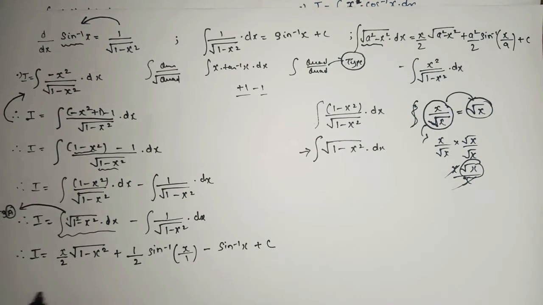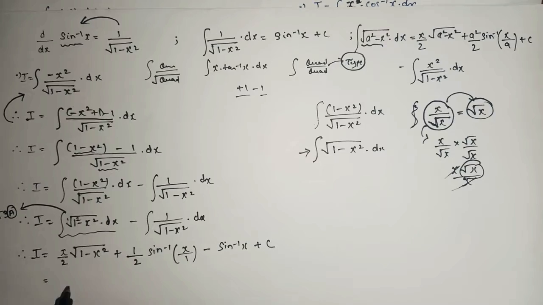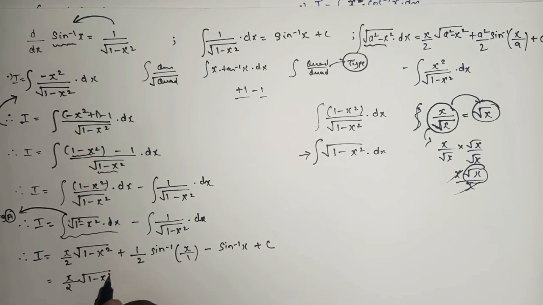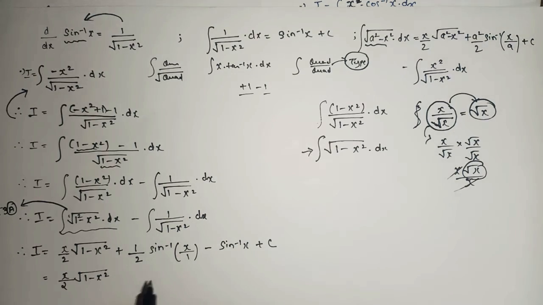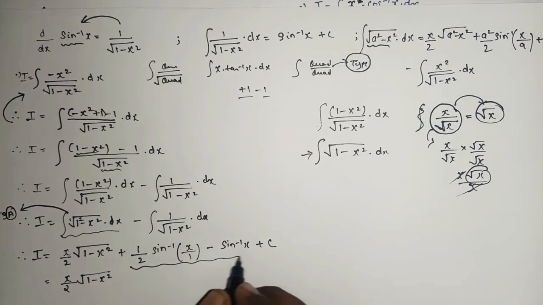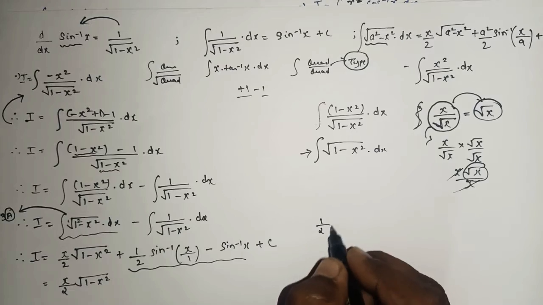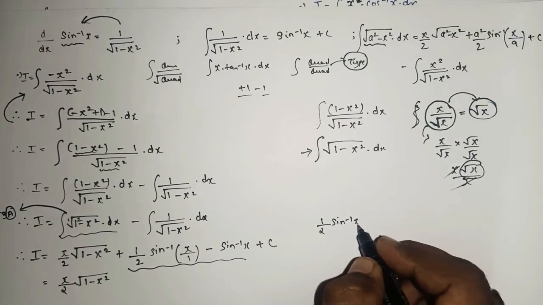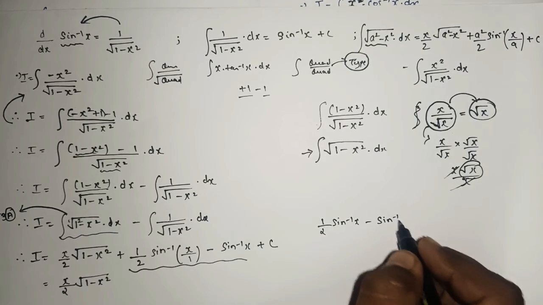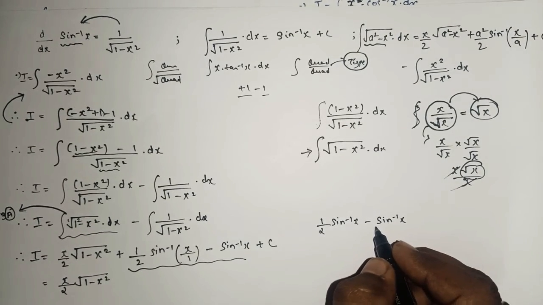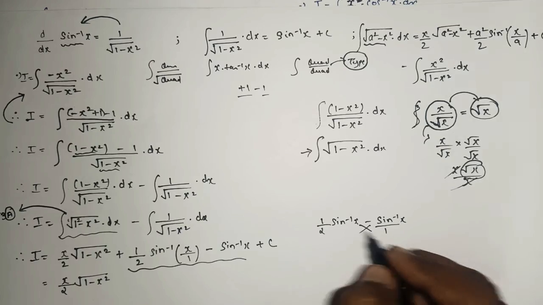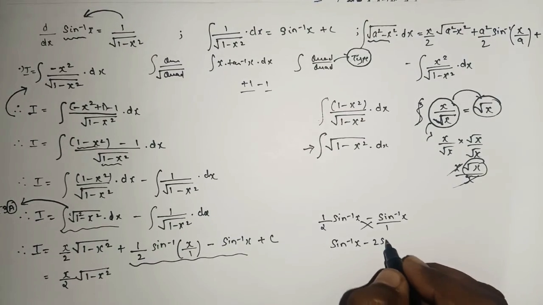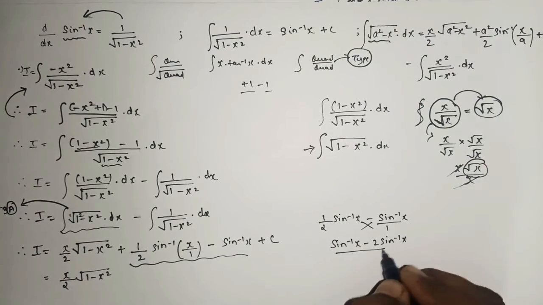I hope you all understood how to track the sum, how to present the sum. Yes or no? Further, we can do this little adjustment. We'll keep this x upon 2 root 1 minus x square as it is. Okay. So when you see this part of sine inverse x upon 1, it is sine inverse x minus sine inverse x. Okay, so here nothing is there, so we can write 1. So this will be what? Sine inverse x minus 2 sine inverse x upon 2.